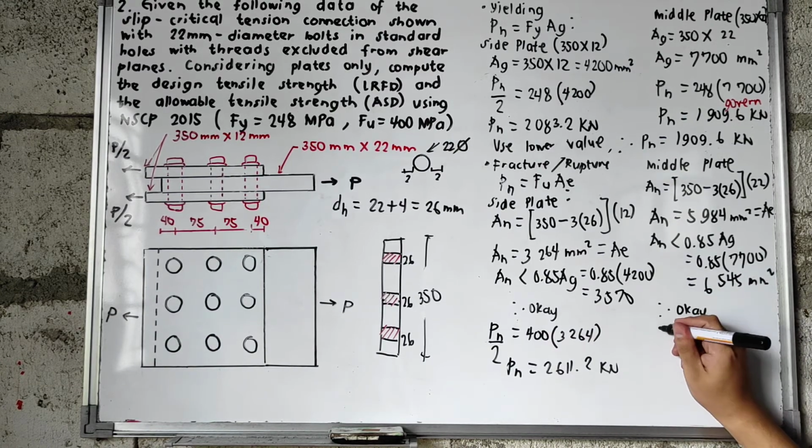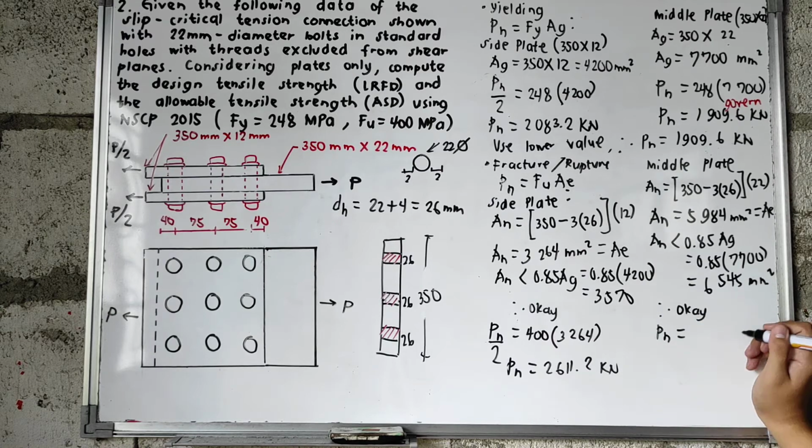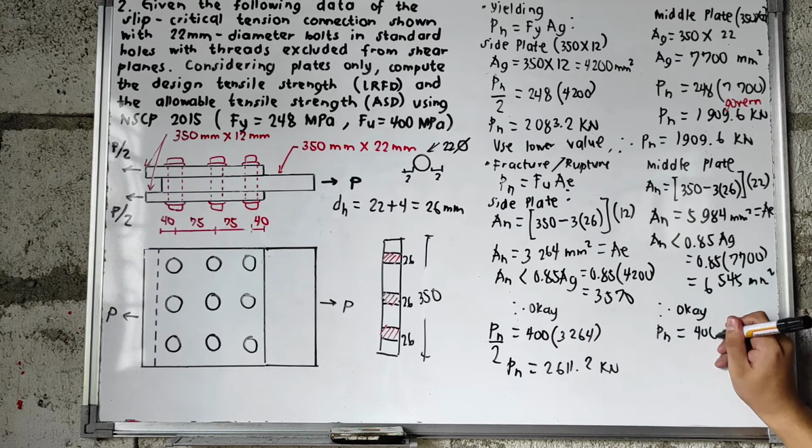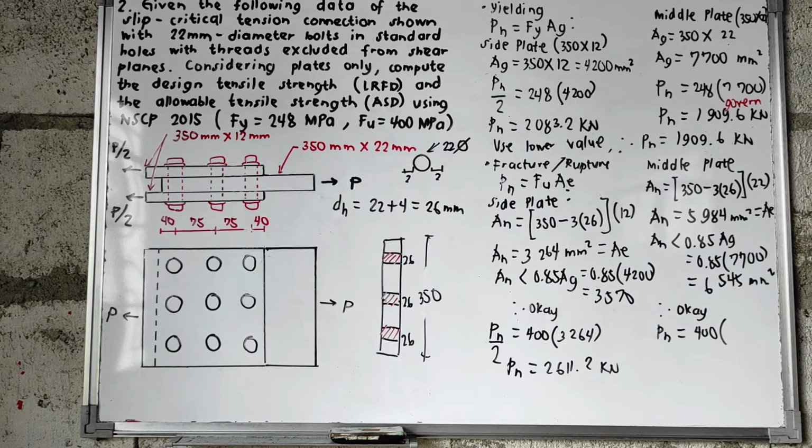So, yung value natin, that is nominal, multiplied by yung FU natin, which is equal to 400, and yung nakuha natin na net area na inassume natin na same sila ng effective net area natin.